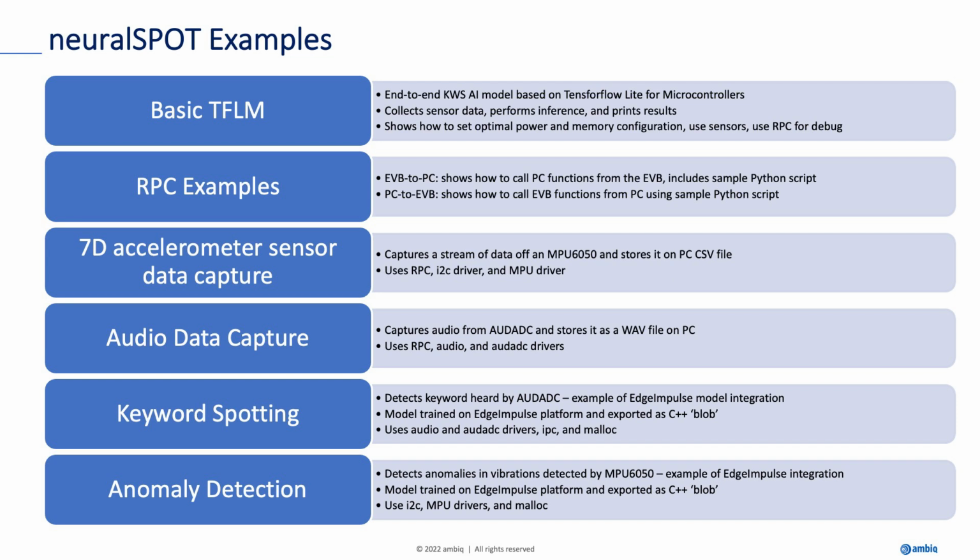We use an open source keyword spotting model that's in TF Lite. We instantiate it, we deploy it to memory, but we also use neuralSPOT to collect audio, to do prints, to turn on deep sleep mode, all these things that you would do in a real application. We wrap that TensorFlow model in there. So if you want to understand an end-to-end flow, including RPC, I would start there.